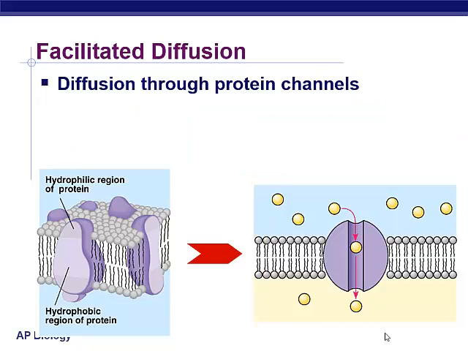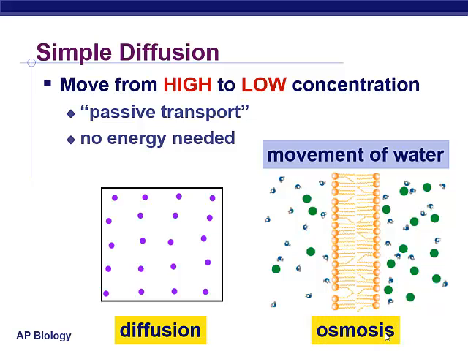Let me go back to the previous page. Look at this picture, diffusion and osmosis. A lot of times kids get these terms mixed up. If I took red food coloring, and I had a beaker of water, and I dropped some food coloring in it, the food coloring molecules would spread out, right, and eventually the whole water would be red, correct?